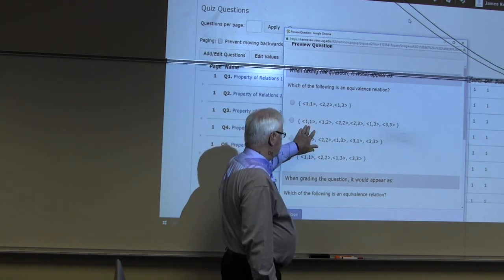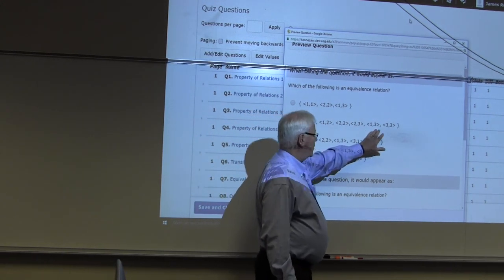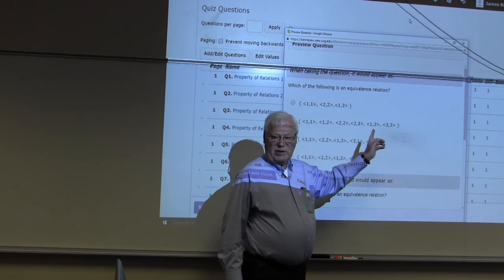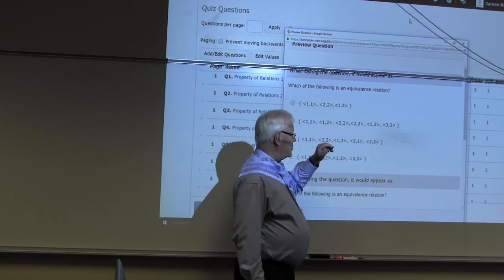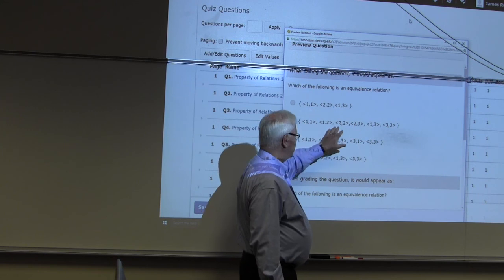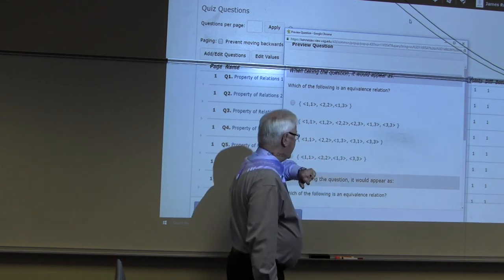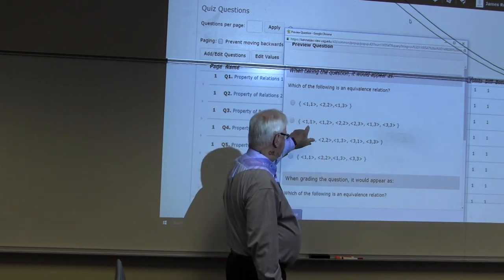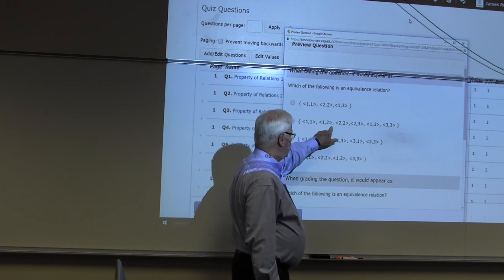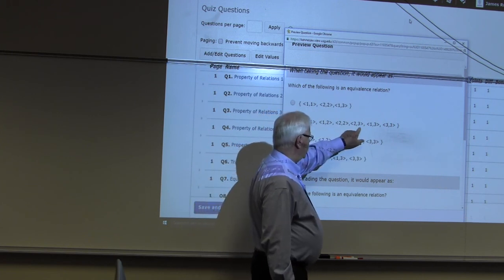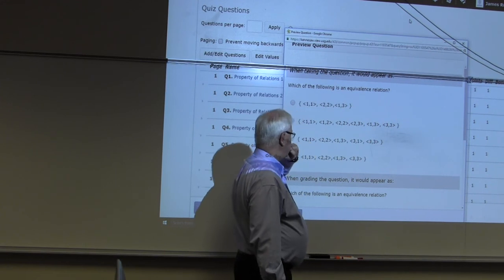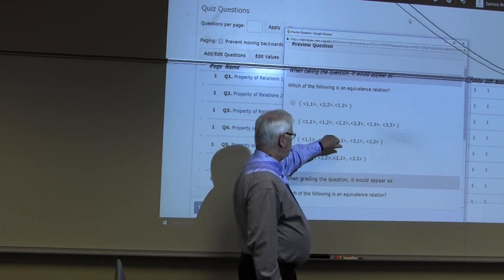Here we have 1, 2, 2, 2, and 3, 3. And 1, 2, and 3 are the only poset numbers. So I do have reflexivity: 1, 1, 2, 2, 3, 3. What about transitivity? I've got 1 to 2, 2 to 3. Do I have 1 to 3? Yes, I have 1 to 3.